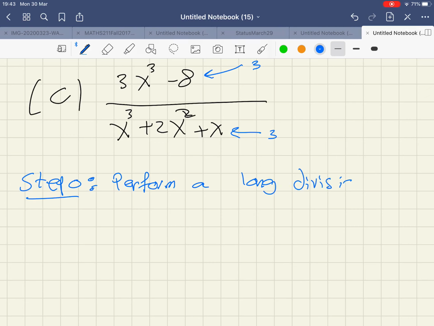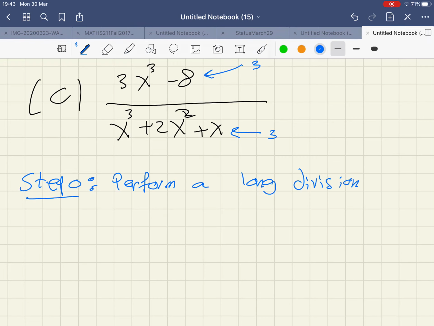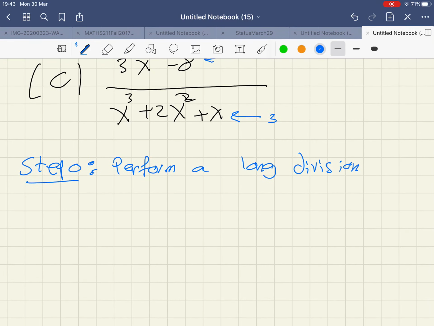Now let me remind you of what long division is, and we only use it if the power here is greater than here. Let's do the long division first, and let's see then how we can proceed with step number 2. For the long division, there are many ways, and the one that we will use here is this one.